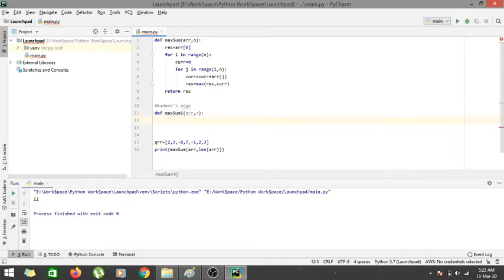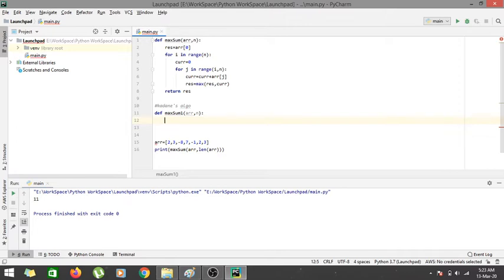Now you would have to maintain 2 variables. One would be keeping in check the maximum sum that we have calculated till now, and the other would be keeping in check the maximum ending till the previous index. Both of them would be initialized with the element present in the first index.